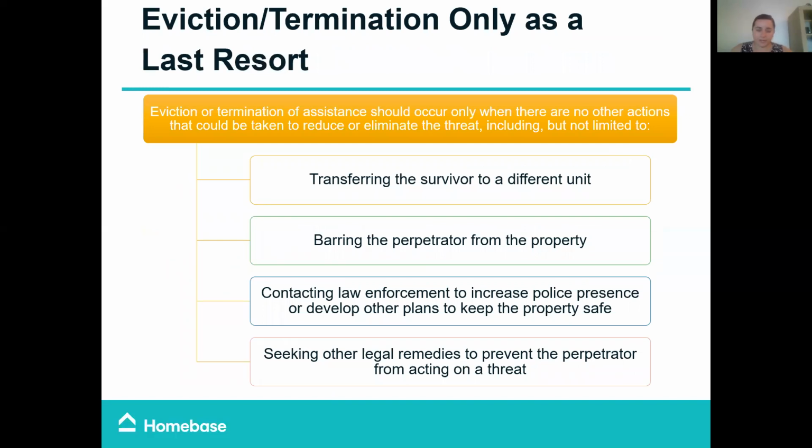Evicting or terminating a tenant should only occur as a last resort when there is nothing more that can be done, including options such as transferring the survivor, barring the perpetrator from the property, developing other plans to keep the property safe, or seeking legal remedies to prevent the perpetrator from acting on a threat.